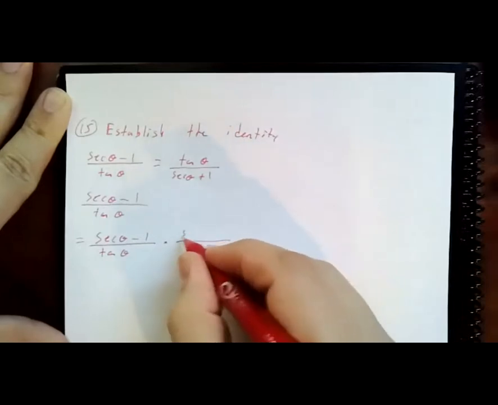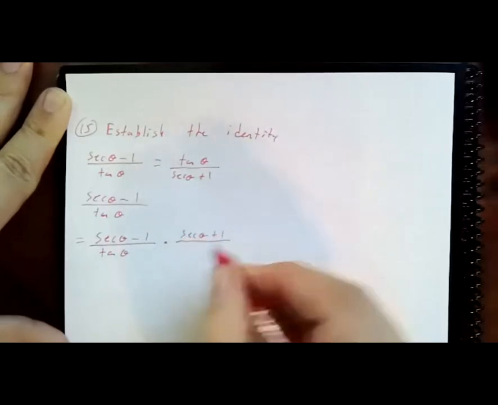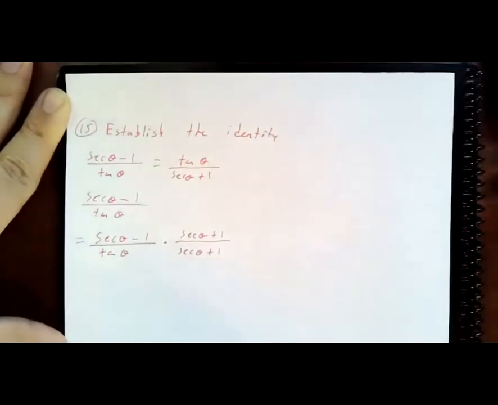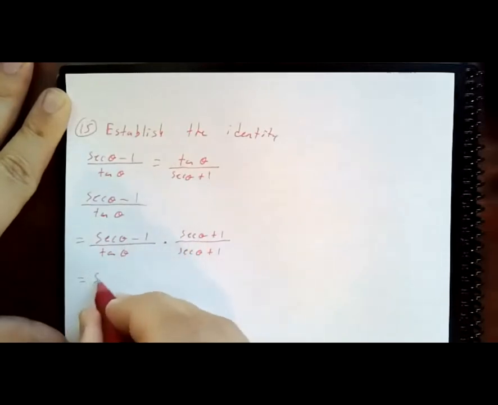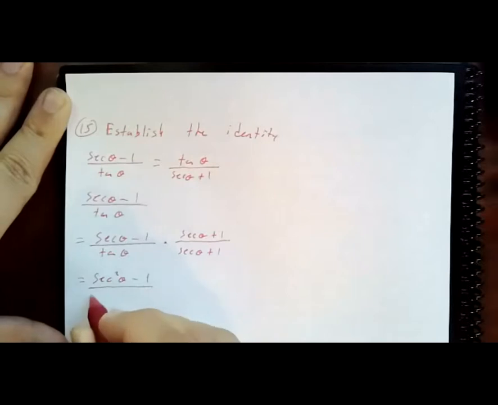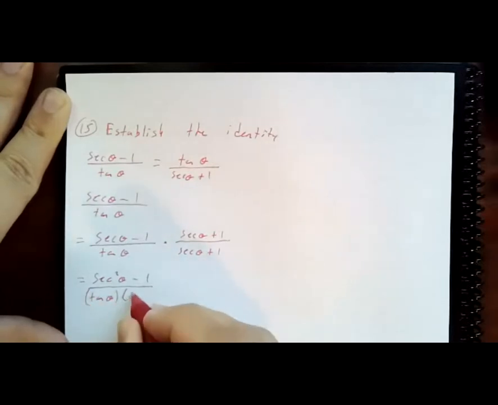So I'm multiplying the top and bottom. So the top will turn into secant squared theta minus 1. The bottom, I'm going to leave it like this. I'm not going to multiply it out because sometimes leaving it this way will be more helpful when you want to cancel stuff.